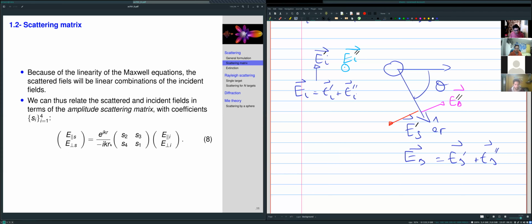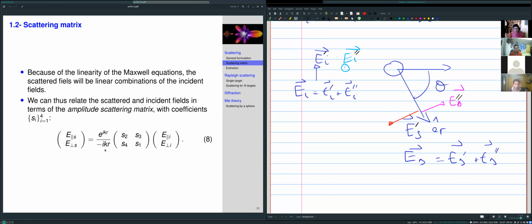So we have the transverse component. By convention, we've placed in here a minus i in the denominator. This is just a constant number, so it could be absorbed into the linear combination. But it's important here to highlight the spherical wave embodied in this term here, which represents the far zone.